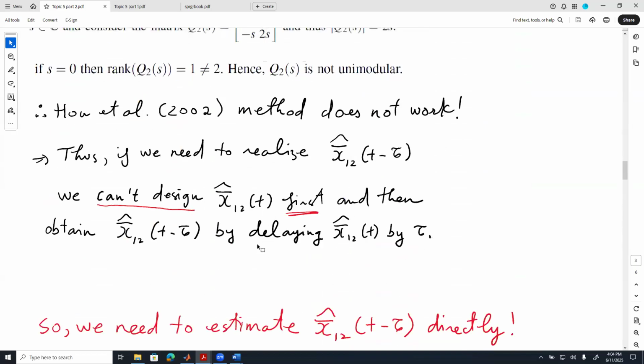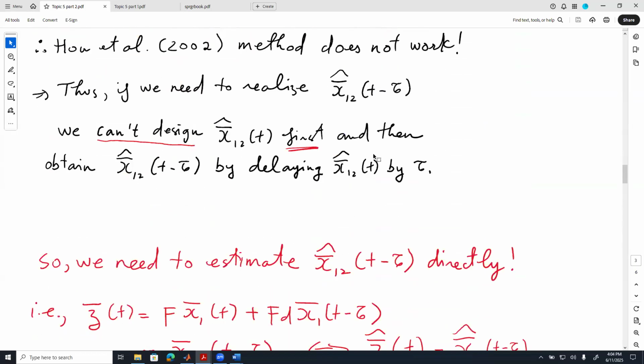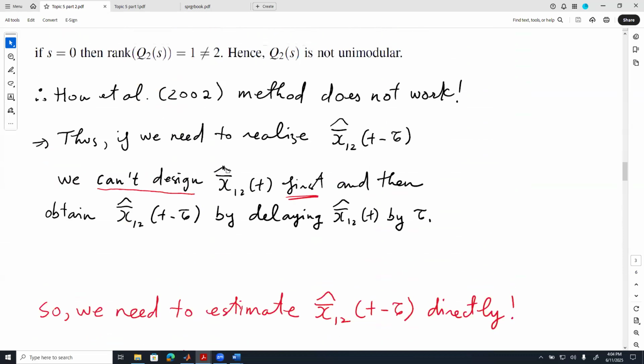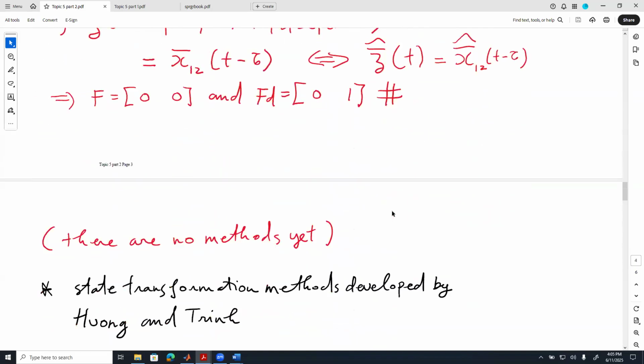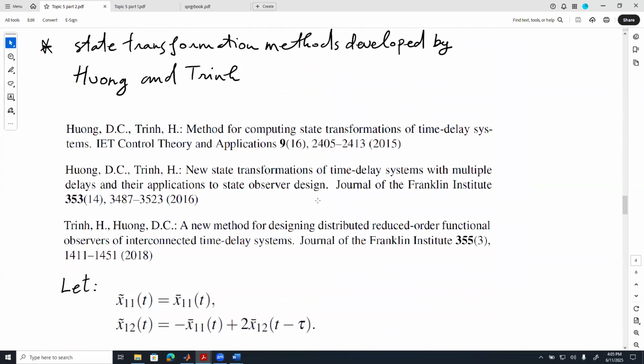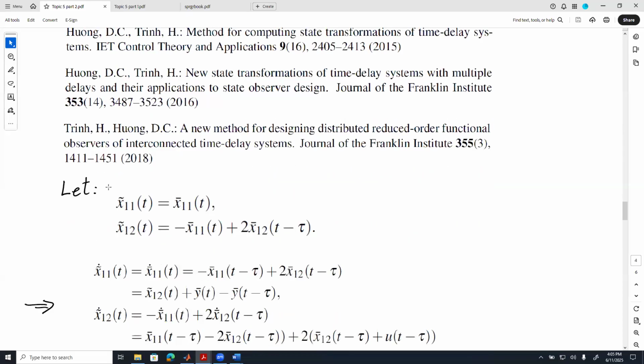And we avoid the need to estimate this variable first and then delay it, because it doesn't work. We don't need to do any sophisticated, tedious algebraic manipulations to arrive at a particular coordinate transformation and all of that.